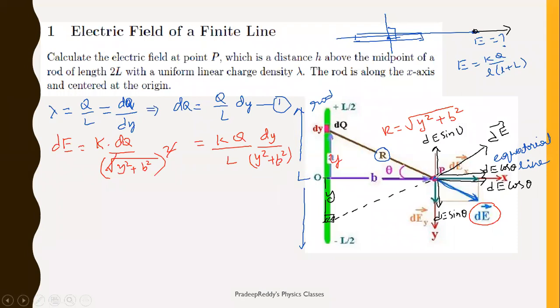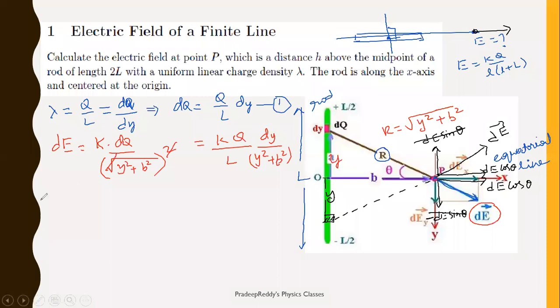Now, positive value dE sin theta, and negative value minus dE sin theta, because it is downward it is minus dE sin theta, and upward it is dE sin theta. One positive, one negative. What will you do? You will cancel these two. dE sin theta minus dE sin theta, both get cancelled. And along the x-axis only, you have the field that will be dE cos theta, right?